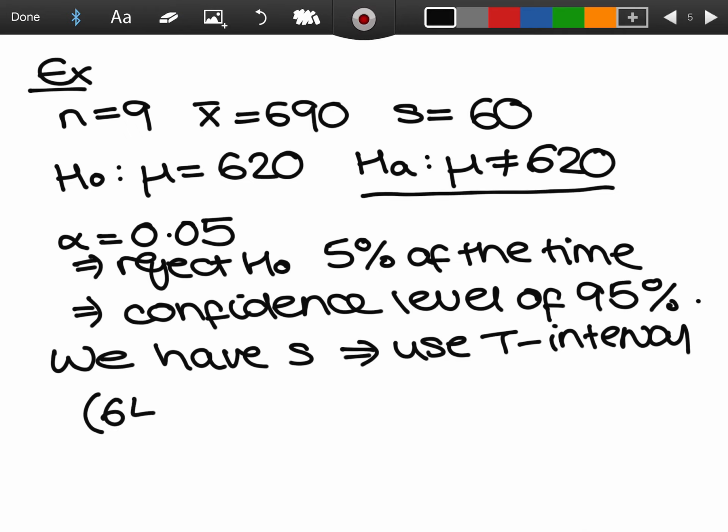So I then get my confidence interval, my 95% confidence interval would be 643.88 to 736.12. So at the moment, forgetting the hypothesis test part of it, I am 95% confident that this interval will contain my population mean. The question is, does it contain my population mean?